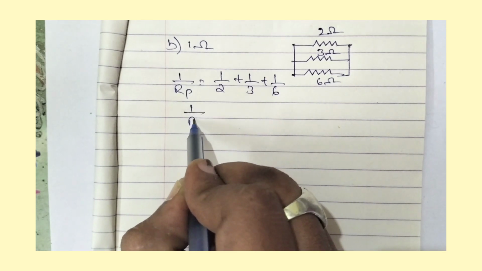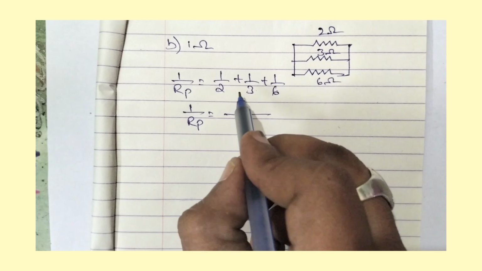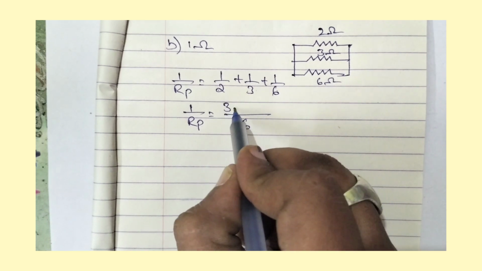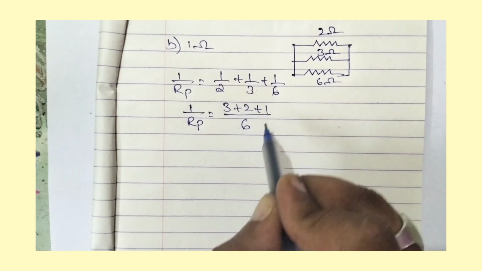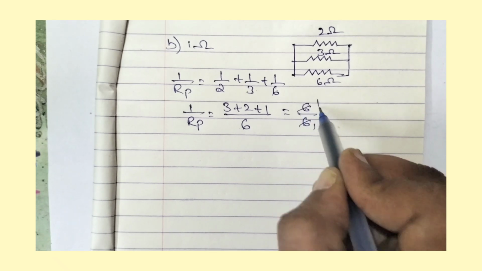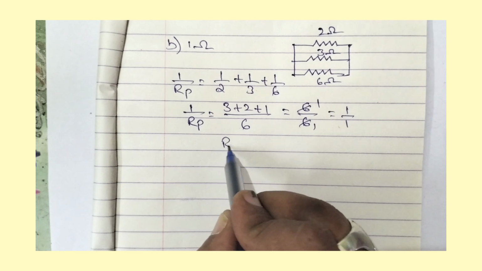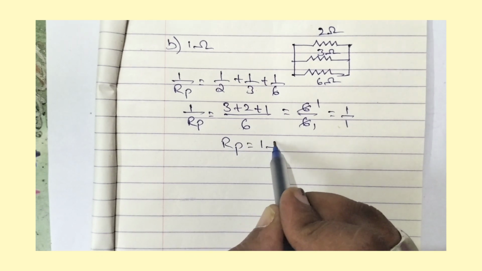So 1/RP is equal to, for 2, 3 and 6, 6 is the LCM. 2 ones are 3s, 3 ones are 2s, 6 ones are 1s. That is equal to 6 divided by 6, which is 1 by 1. Taking the reciprocal, RP is 1 ohm.